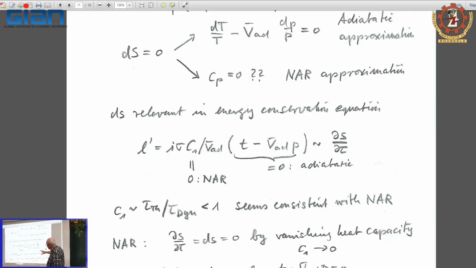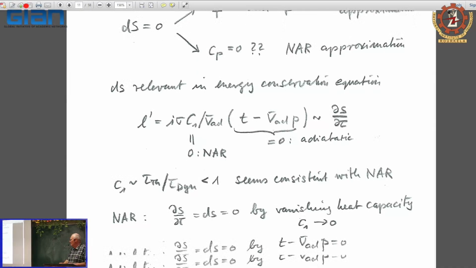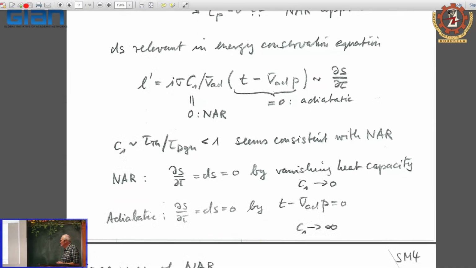Okay, so to compare these two approximations means, well, in the NAR approximation, ds by dt is 0 by vanishing heat capacity. C1 goes to 0, so ds by dt and ds is 0.